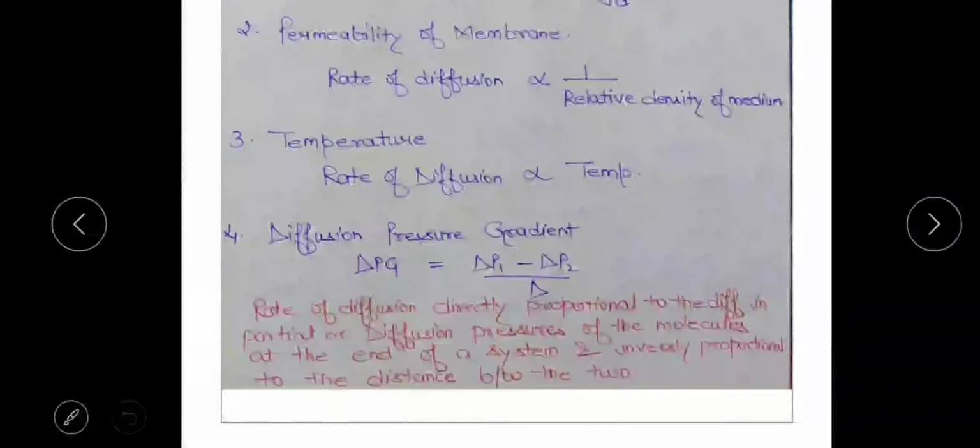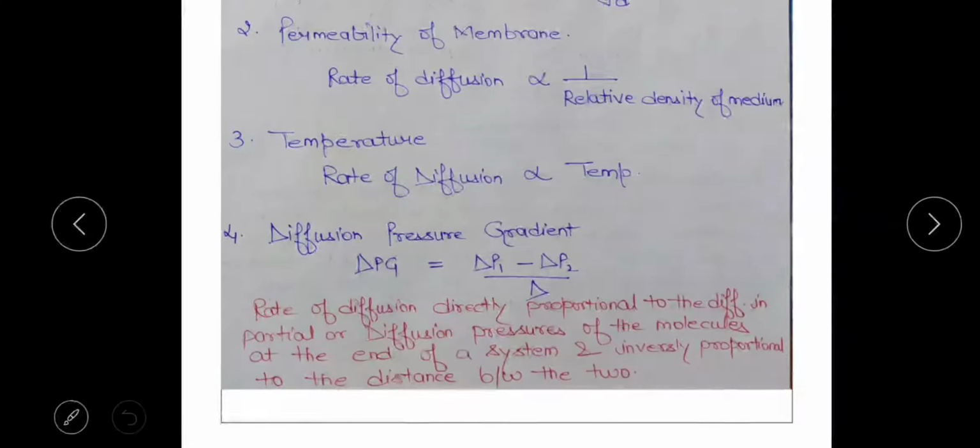So here the rate of diffusion is directly proportional to the difference in the partial or diffusion pressure of the molecules at the ends of a system, and inversely proportional to the distance between the two. So the two together are called the diffusion pressure gradient.